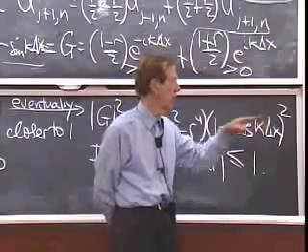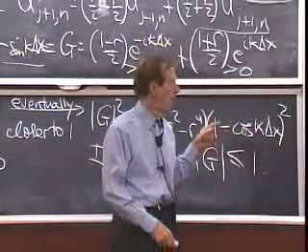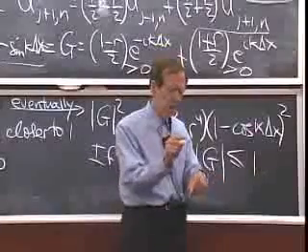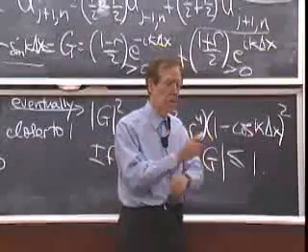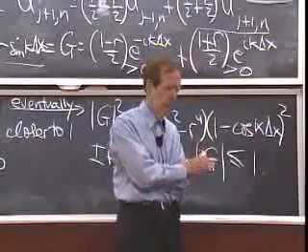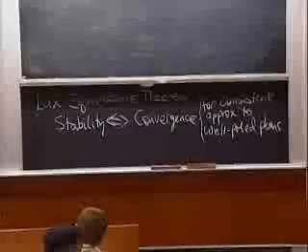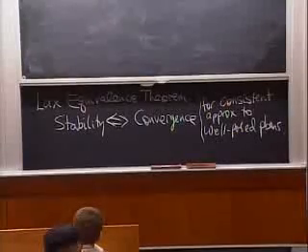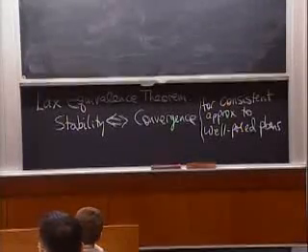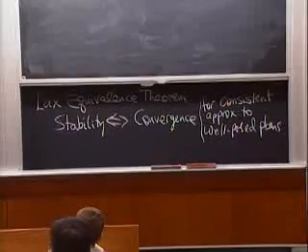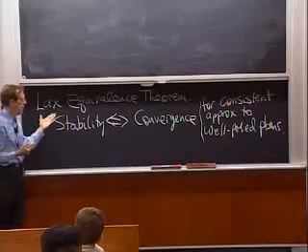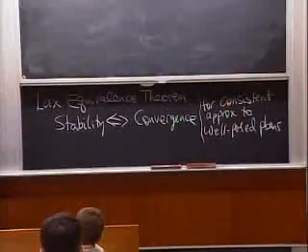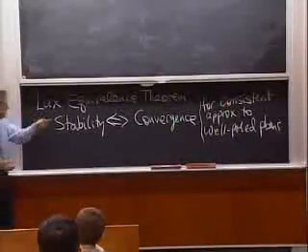Okay, so there's actually two things to show there. How does stability give convergence, and why does convergence require stability? So that instability could not give convergence. So that's maybe the fundamental theorem of numerical analysis. We better say what stability is and what convergence is.